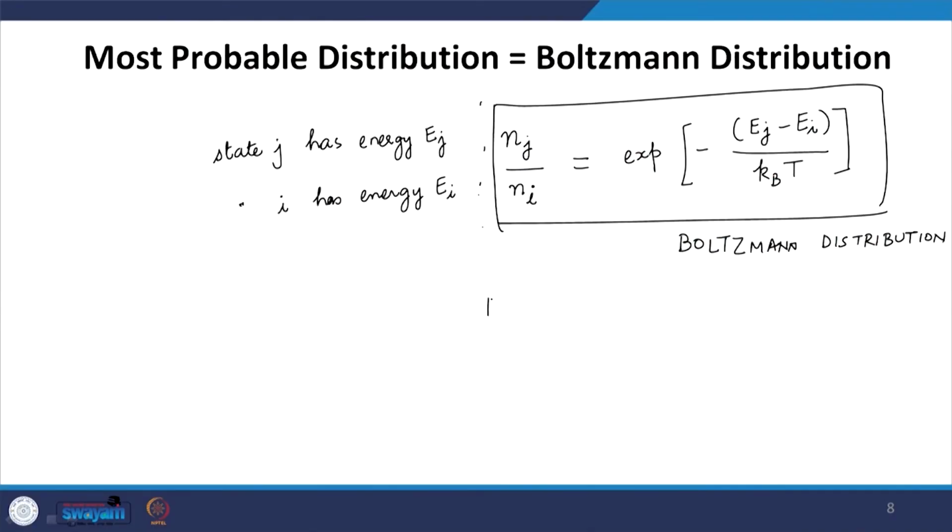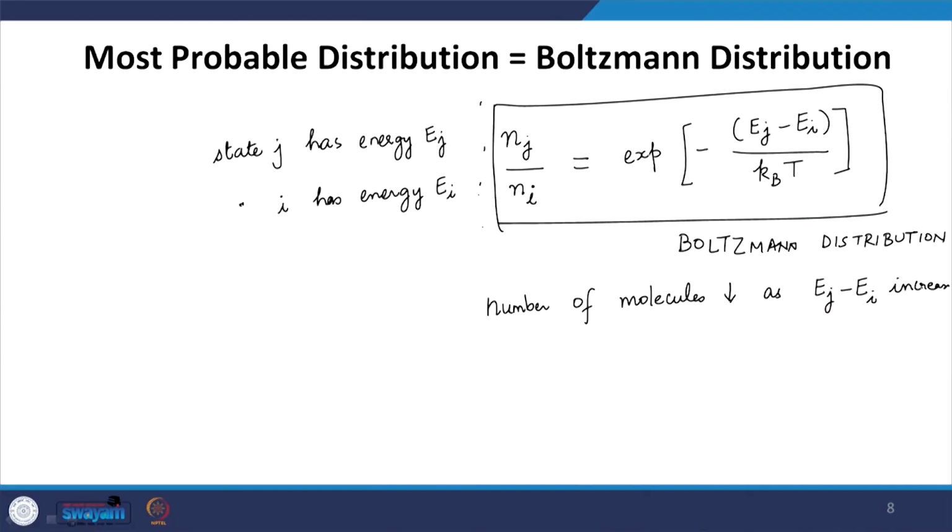That means the number of molecules decreases as Ej minus Ei increases, right. So, the higher energy levels are going to be less occupied compared to lower energy levels.